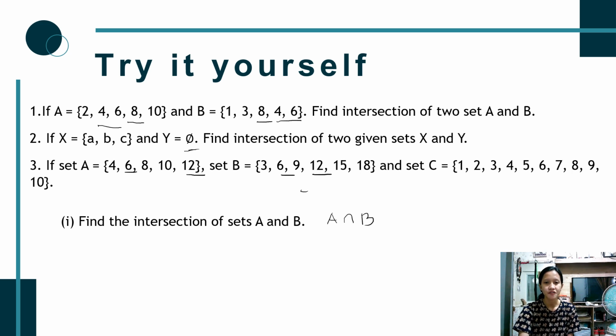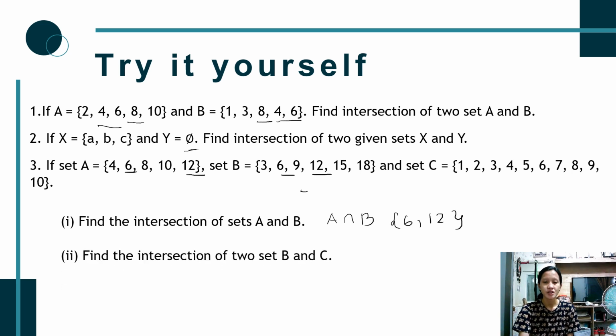So we only have 2. 6 and 12. For number 2, find the intersection of the two sets B and C. The common elements are 3, 6, and 9 in B and C. 3, 6, and 9.